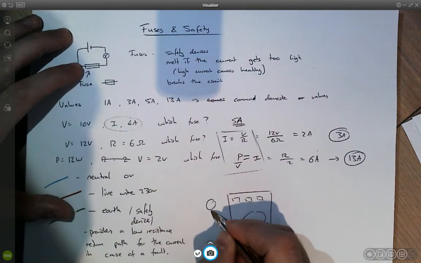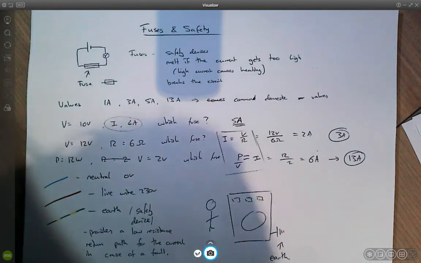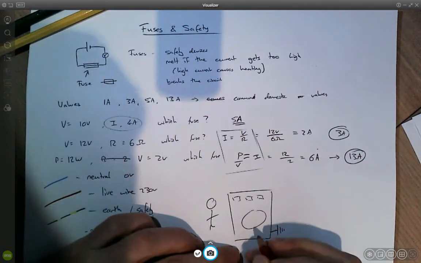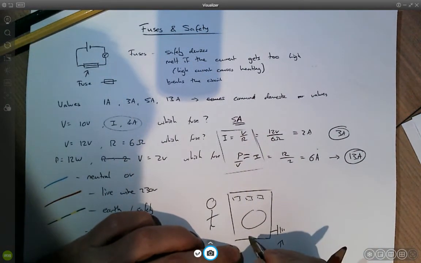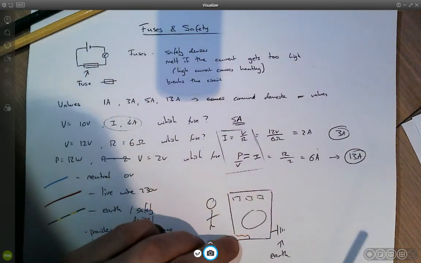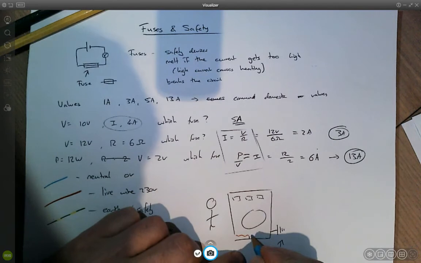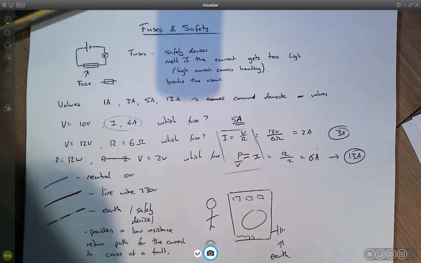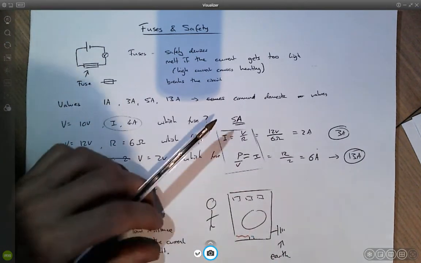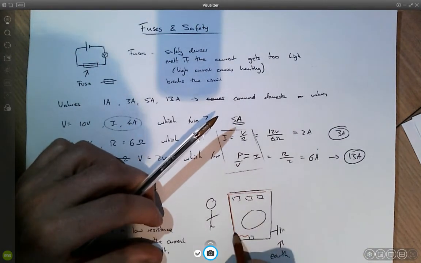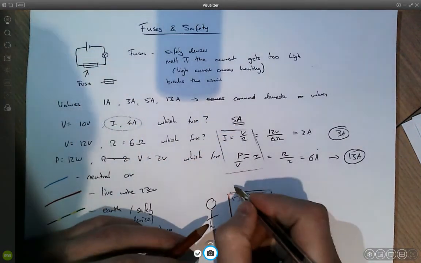And what happens? So maybe there is a fault in the device. So maybe the live wire has become loose and is attached to the metal case, whereas it actually should be attached to the neutral wire after going through the appliance. So now what has happened, the whole of the outer metal case has become live at 230 volts.